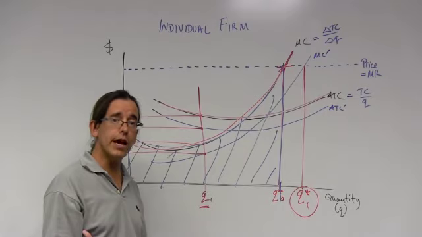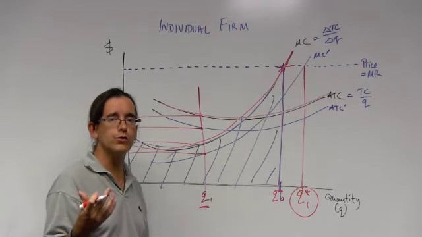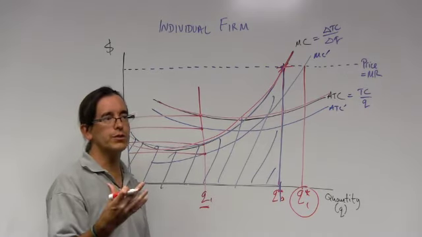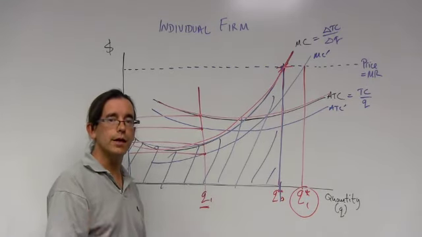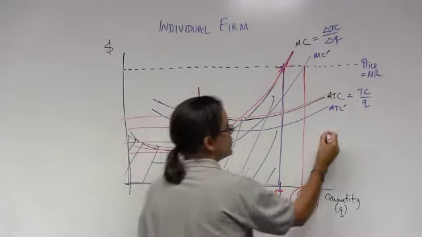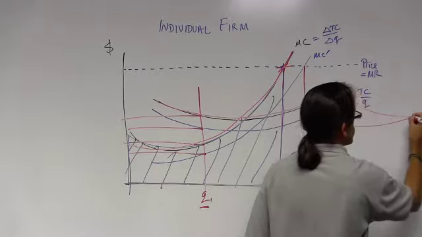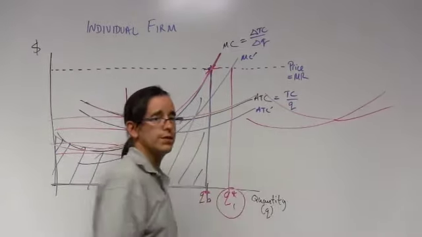If we double the size of the firm, and we'll assume that the technology is scale neutral, that if you double the size, there are no particular benefits or losses to being bigger or smaller, you're just doubling the size of the firm. Well, all you're doing is moving these two cost curves to the right. Okay? So it's just a straight shift to the right.